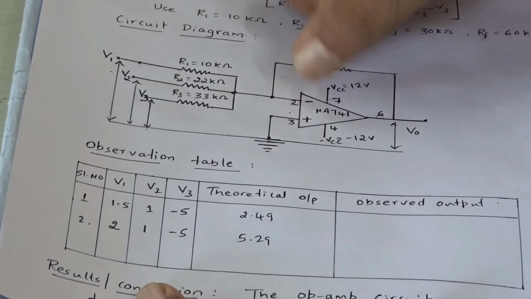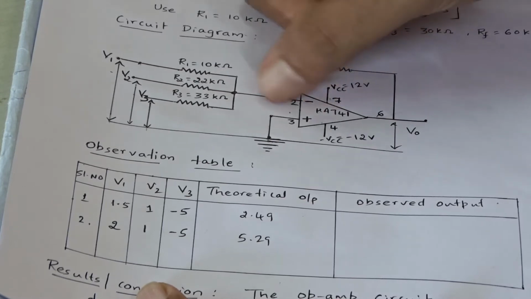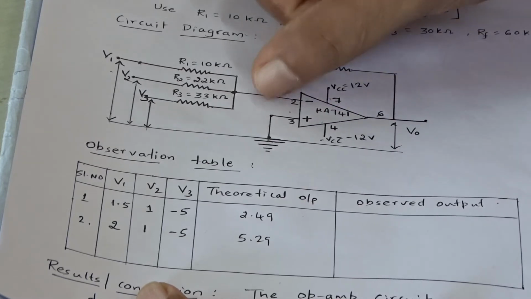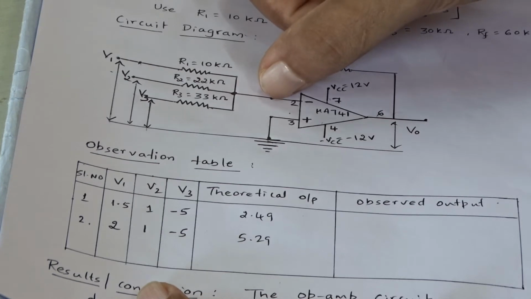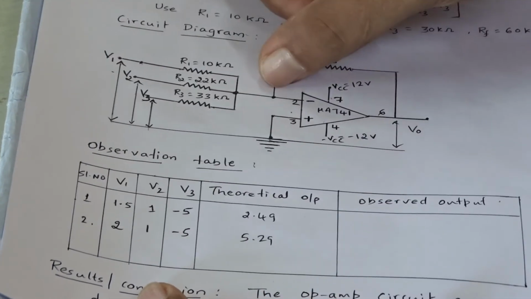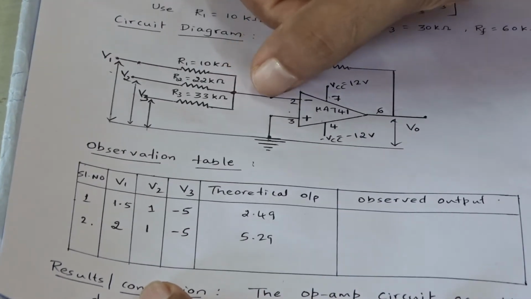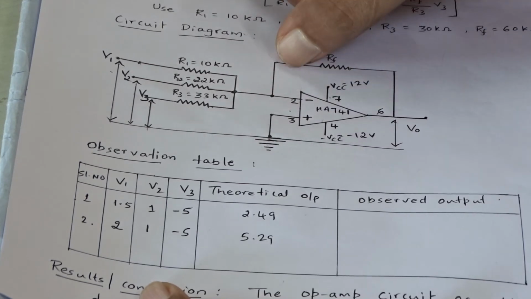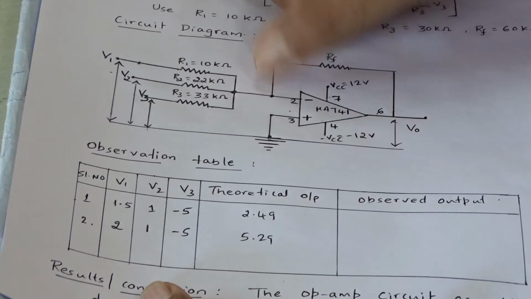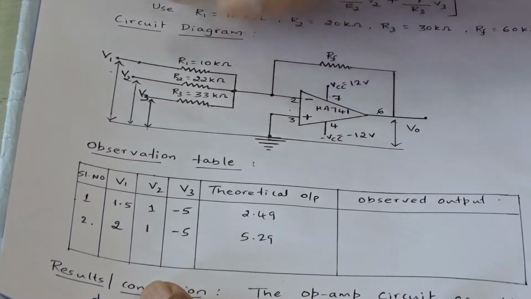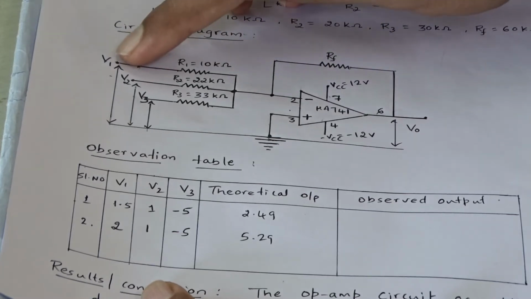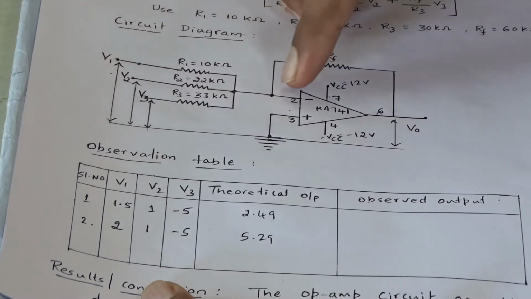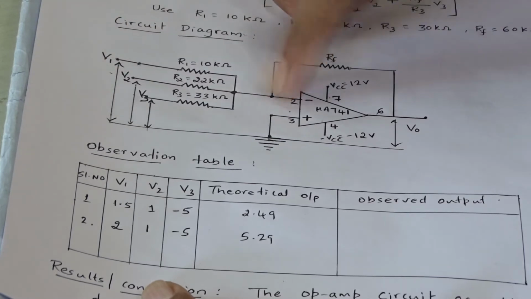Since the op-amp has a large input impedance, the current entering into the op-amp is 0. Therefore the current coming to this point flows through this particular resistance, so it is the same as the current flowing through the resistance RF. Using that concept, I can write the voltage at this point, V1, minus the voltage at the inverting terminal, which you can consider as VA.